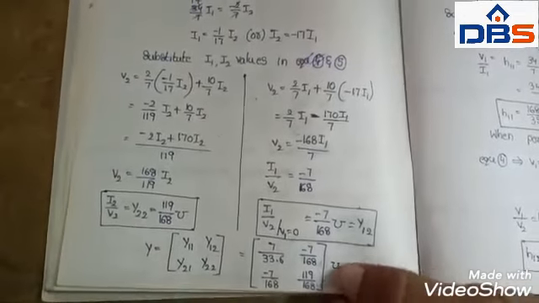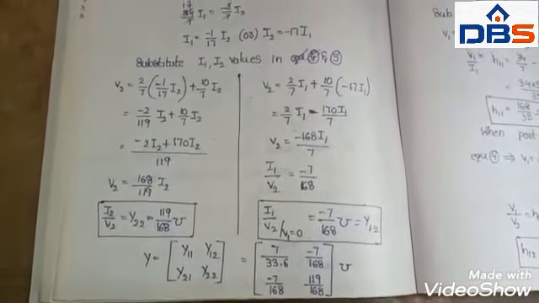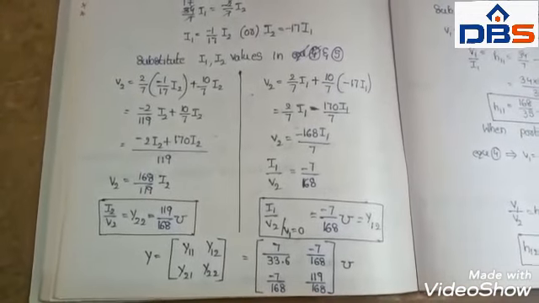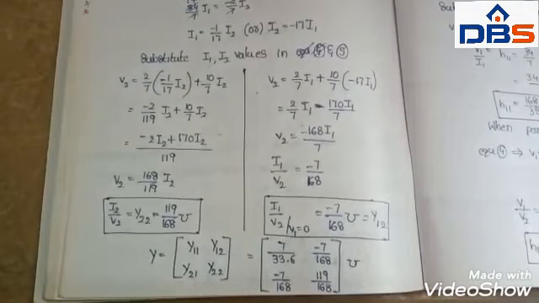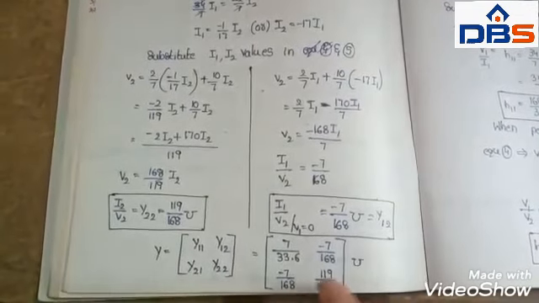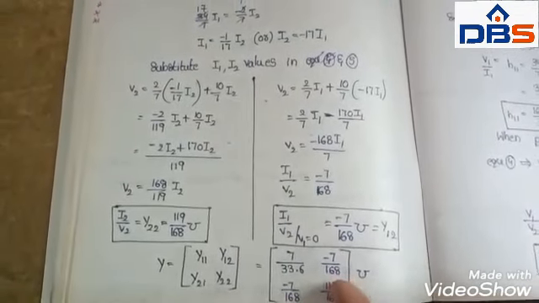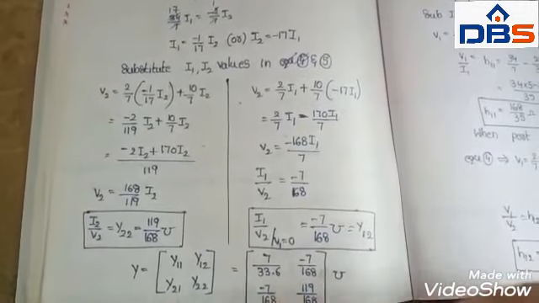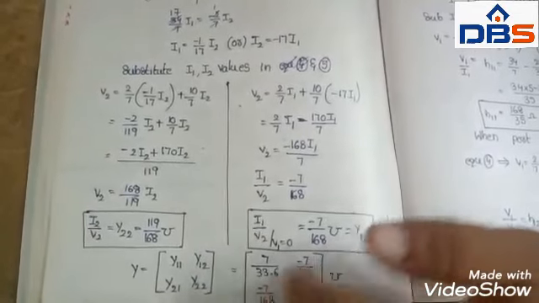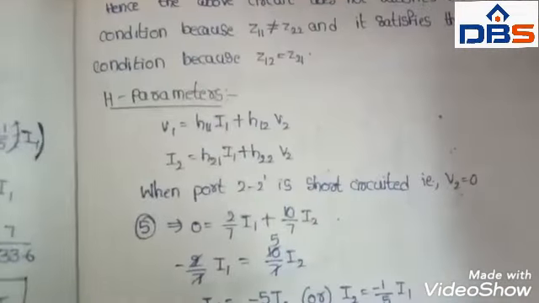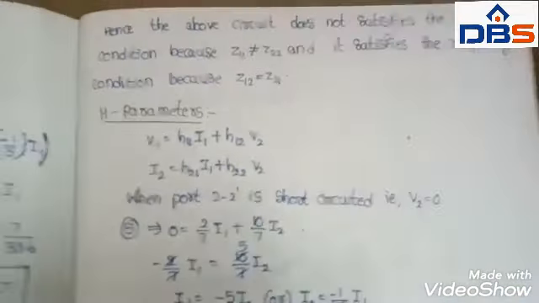Totally the Y parameters are 7 by 33.6, minus 7 by 168, minus 7 by 168, 119 by 168. From this analysis also, the circuit does not satisfy the symmetric condition, but it satisfies the reciprocity condition.